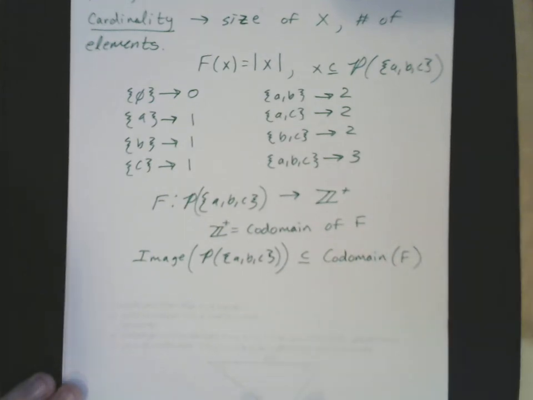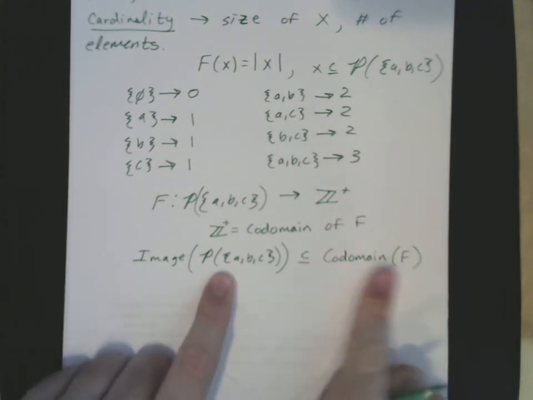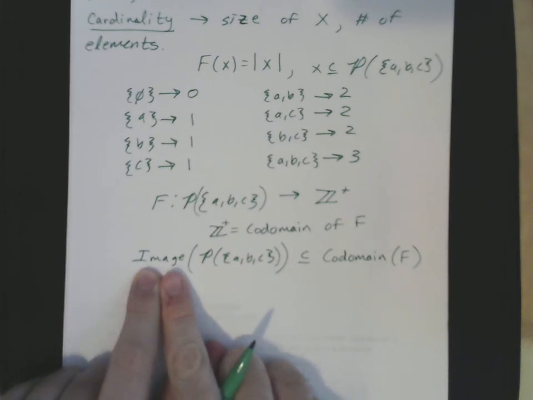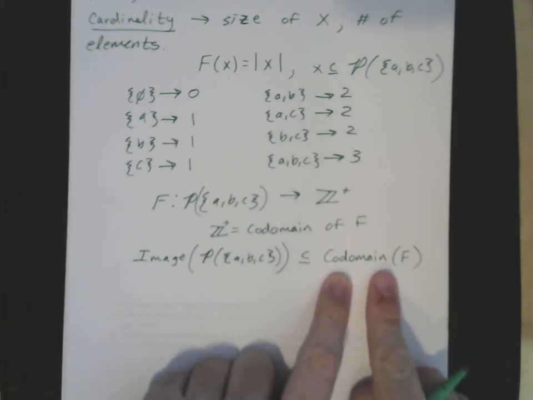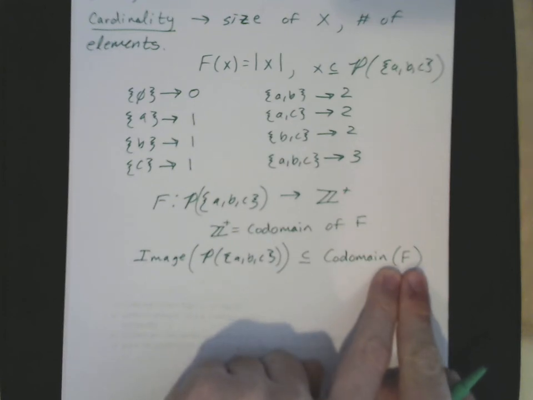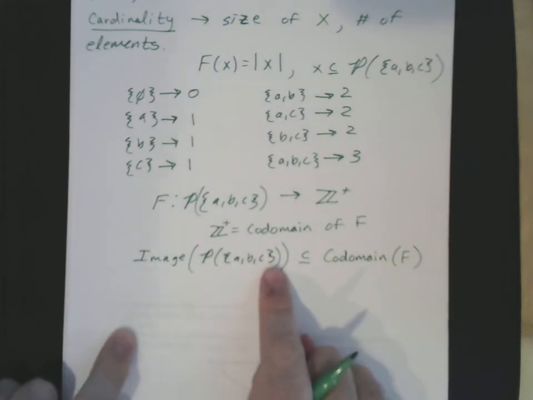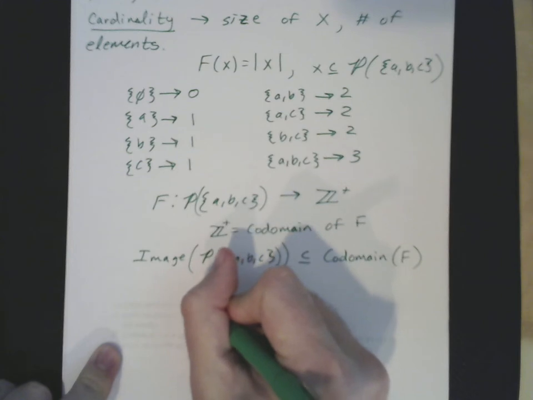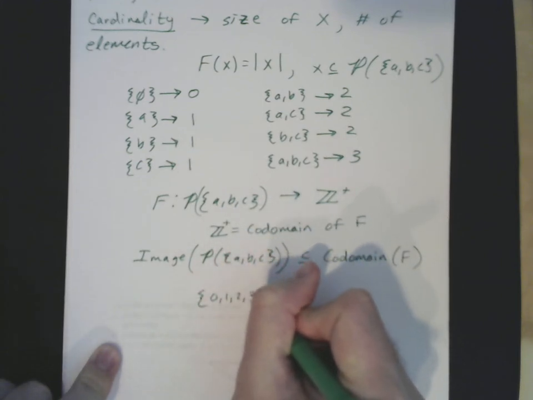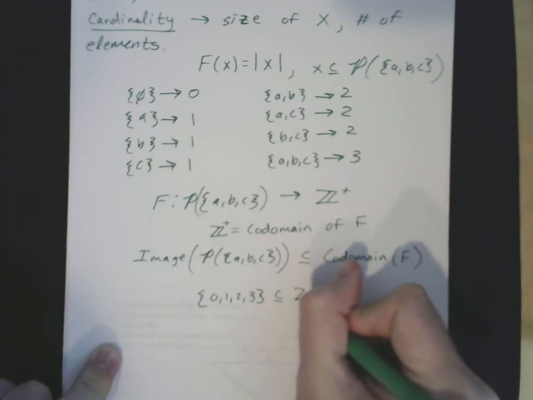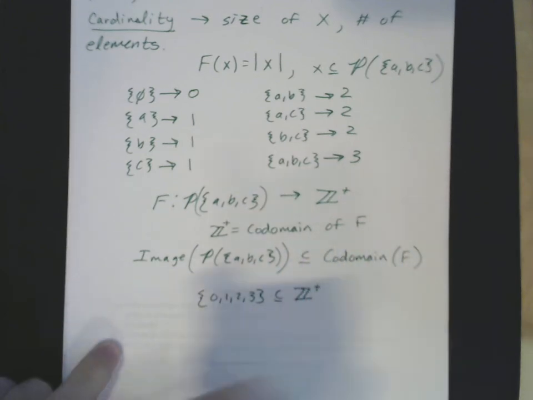Now notice that the image, you can think of it as a set on the domain. The codomain and the domain are sets on the function. So this set, which is just the set 0, 1, 2, 3, is a subset of our positive integers.